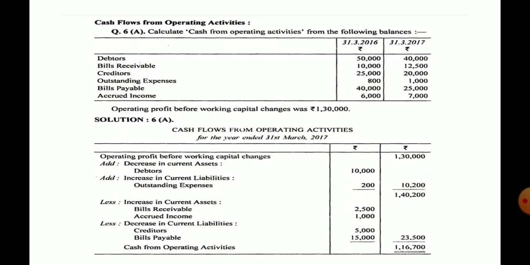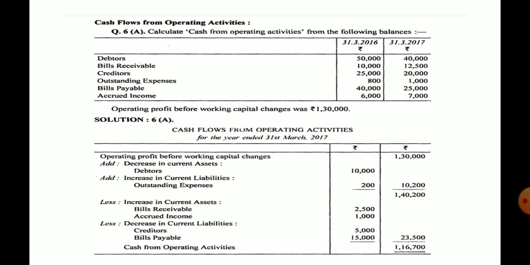Now increase in current assets will be less. So current assets include bills receivable, 10,000 to 12,500. So the difference is 2,500, which will be less. You can keep them in brackets to show the negative balances, or the balance which will be deducted. Accrued income 1,000, and less decrease in current liability, creditors 5,000 and bills payable 15,000.